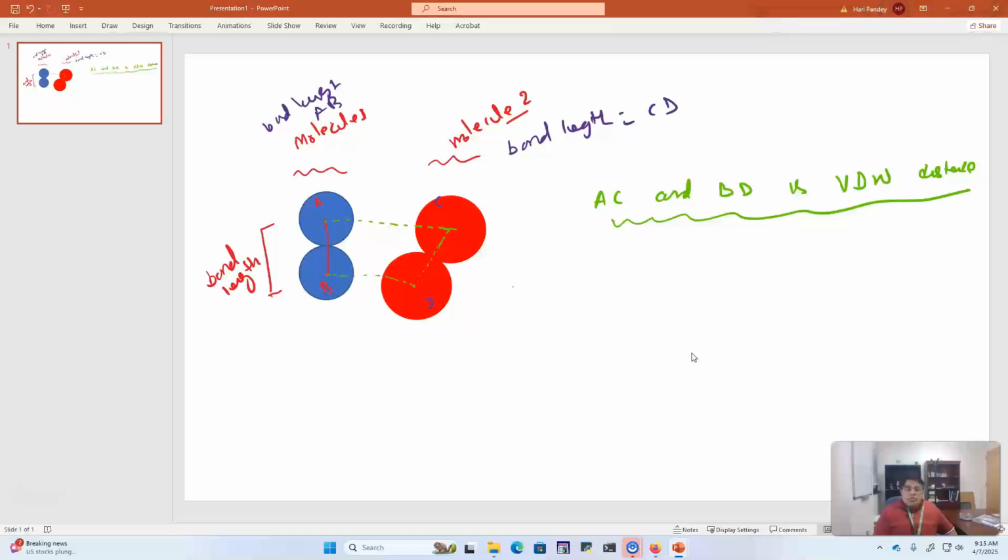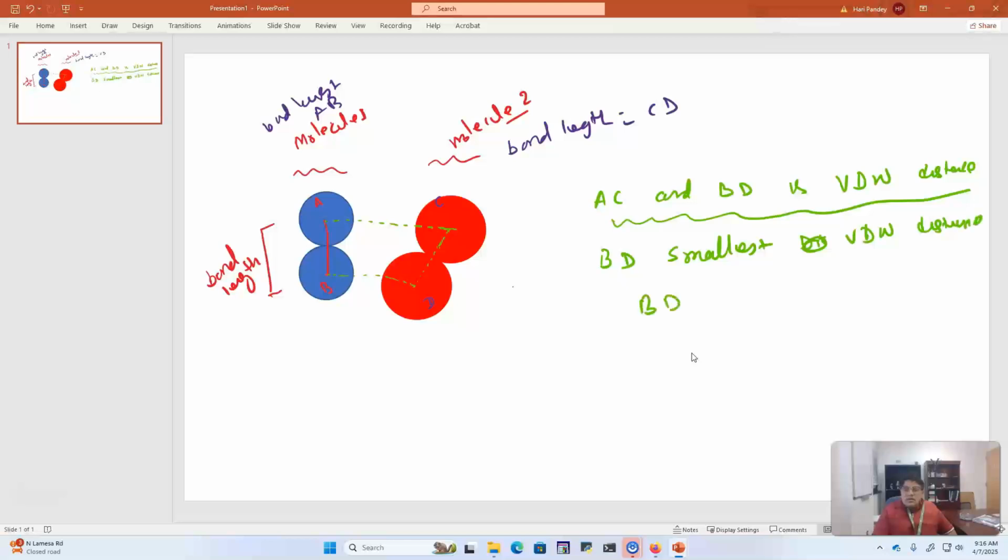So BD is smaller than AC, right? There are two van der Waals distances, AC and BD, but the smallest is BD, the smallest van der Waals distance.